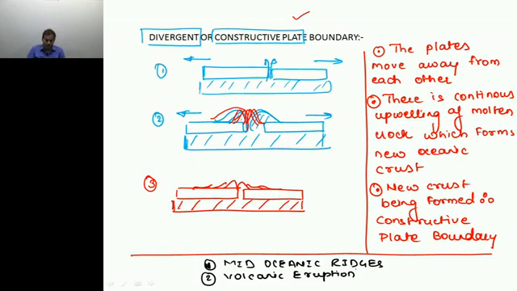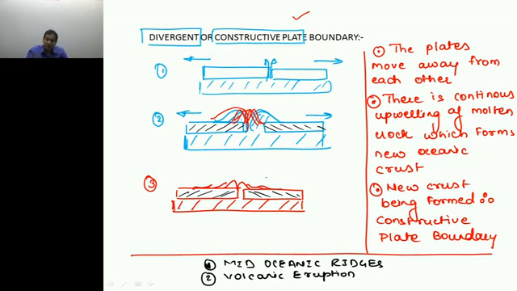The nature of this eruption, see in the second diagram, because the earth's crust is moving away from each other, the topmost layer, that is the earth's crust, because it is moving away from each other, the molten rock material or magma does not have to force its way up. The earth's crust opens and the molten rock material or magma easily finds a way to come out from below.